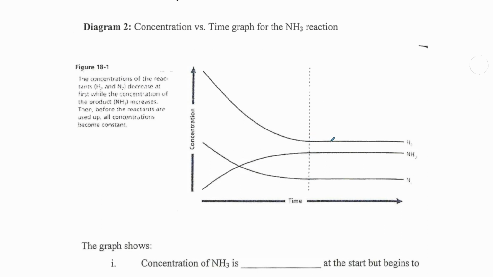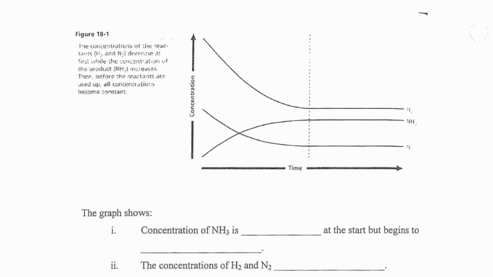You can see the concentrations have leveled out, which means they're no longer changing. It doesn't mean the reaction has stopped. It's still taking place, but their concentrations stay constant because the forward and reverse reactions are happening at the same time. The notes afterwards explain this.